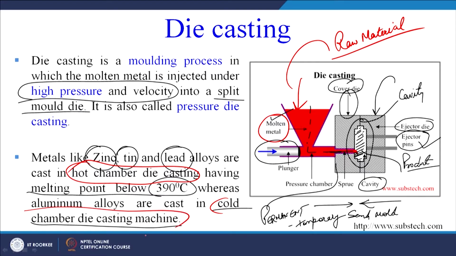We are not going to distinguish between the two. One of the examples shown here is the temperature of the alloys which are used for cold chamber die casting and for hot chamber die casting. That is one differentiating factor between cold chamber and hot chamber die casting processes. So this is basically what we talk about as die casting.